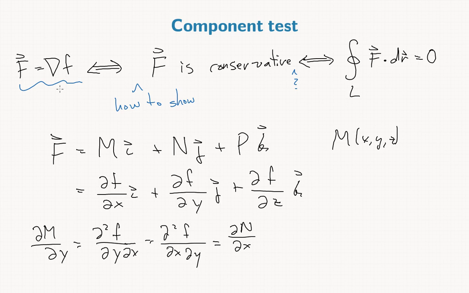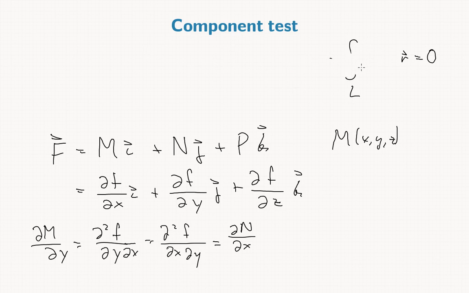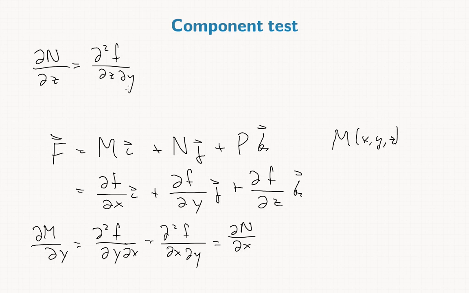Similarly, del n by del z is del squared f by del z del y, which is del squared f by del y del z, and that is del p by del y.